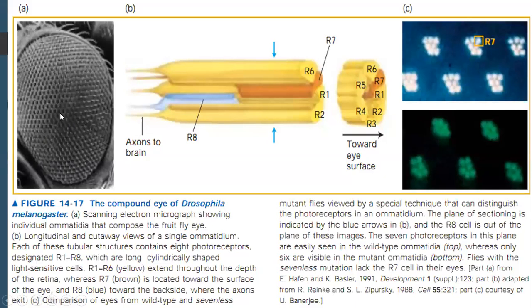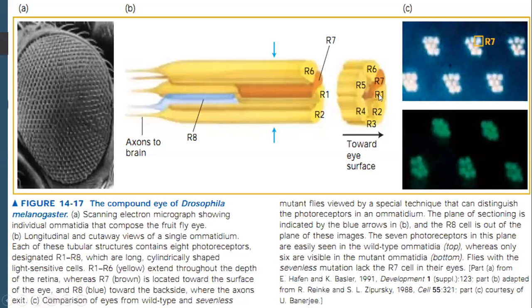Each individual eye is known as an ommatidium, and each has 22 cells, and in those 22 cells there will be 8 cells. They will be photoreceptors actually.